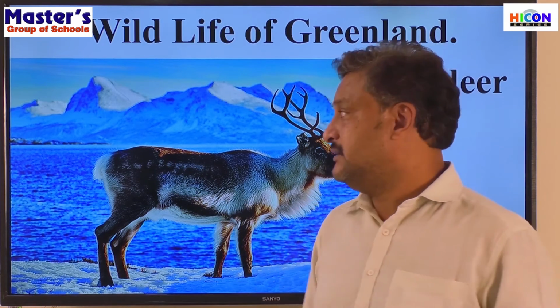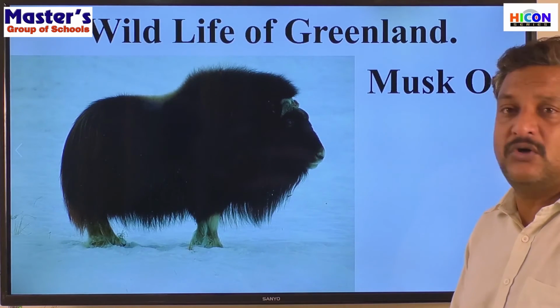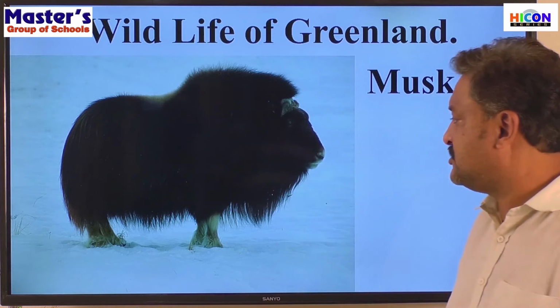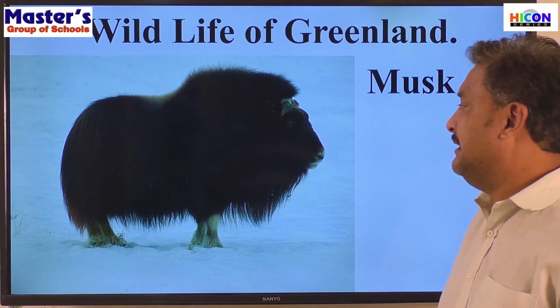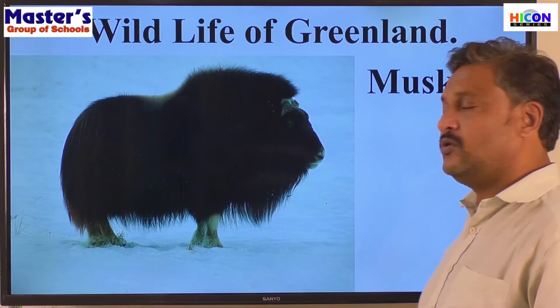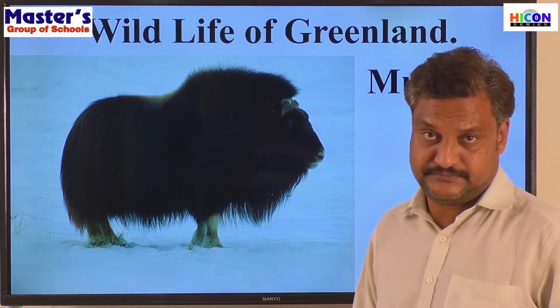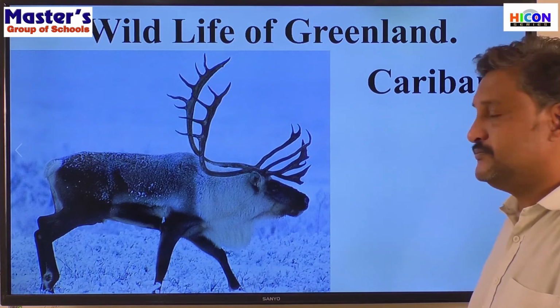Right? And another such animal is the musk ox. See how thick the hair is on its body. It is a very furry animal, and these are also raised for fur and meat. Okay, another animal is the caribou.